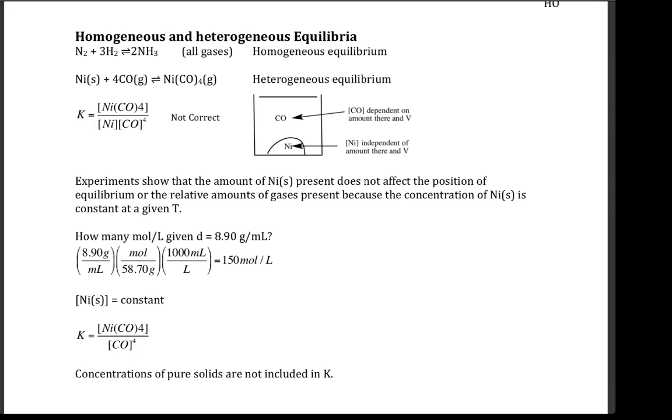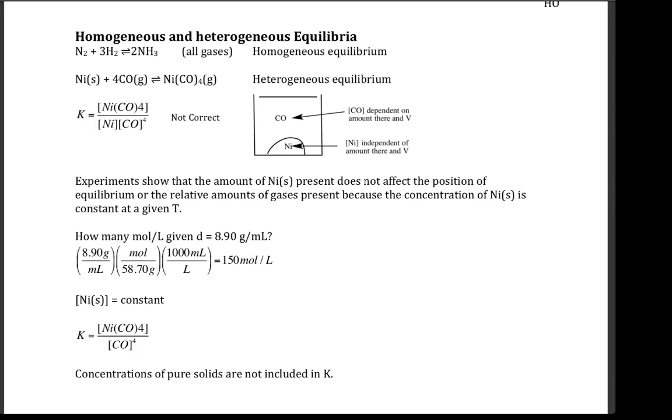We might think the equilibrium expression would be, for that equilibrium, K equals NiCO4 divided by Ni divided by CO to the fourth power. It turns out that's not correct, though, in that the nickel ends up having a constant concentration, so we do not include it in our equilibrium expression.